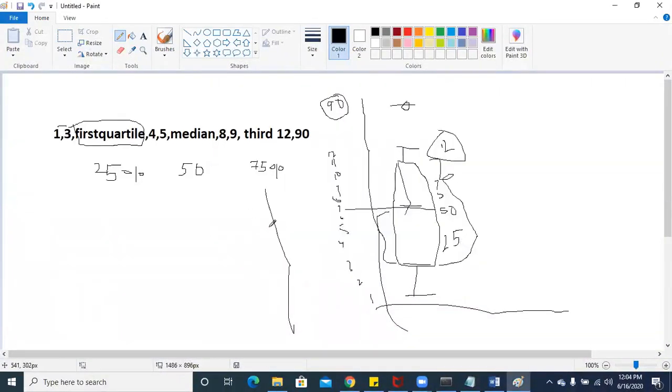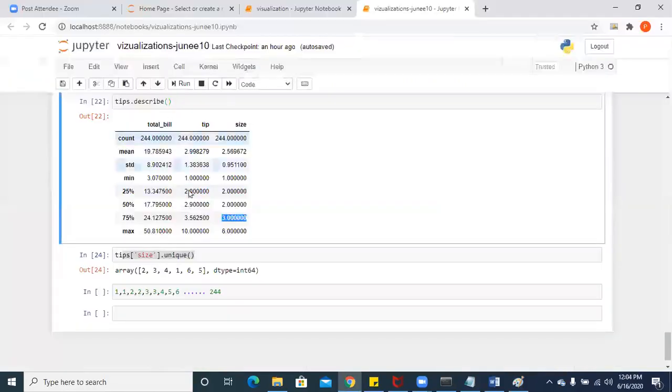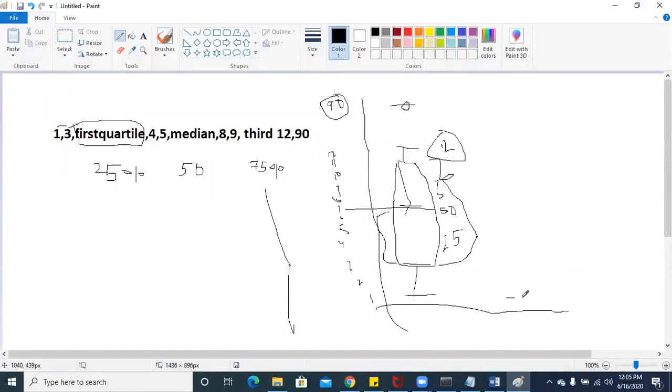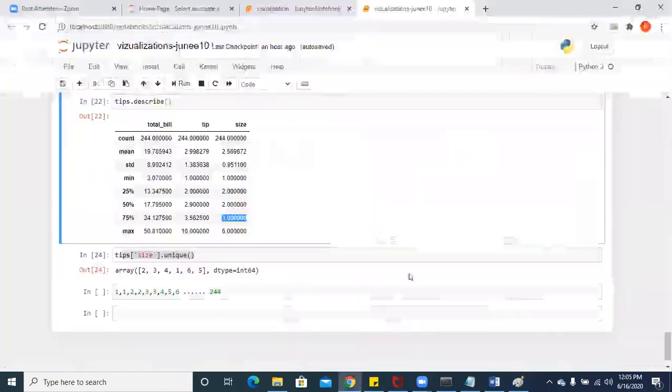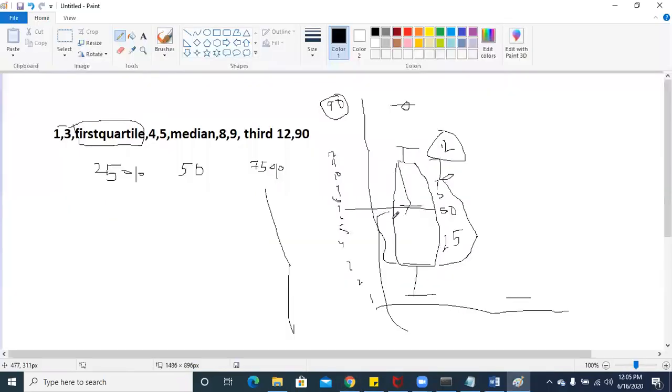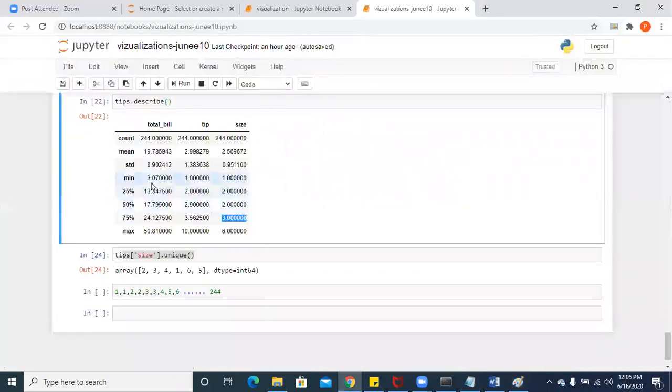What is the minimum? It is 1, right? Minimum is 1. Maximum is 6. 50% is 2.